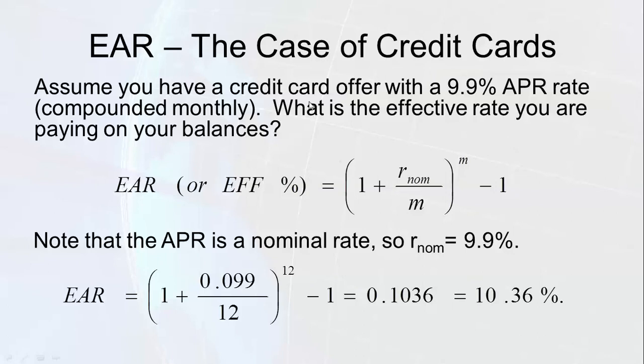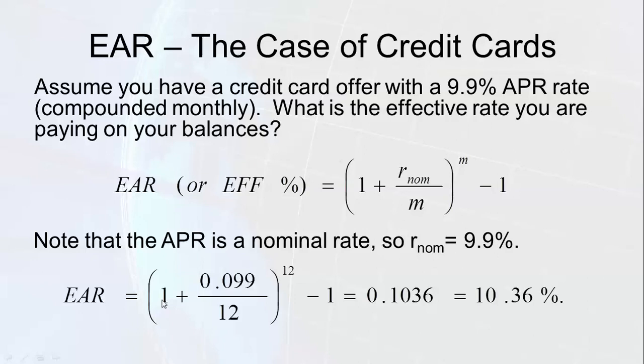Assume that your credit card company offers you 9.9% APR. You're going to pay monthly. Even though the problem does not say monthly compounding, you know that you're going to pay monthly, so that means it's monthly compounding. What is the rate you are paying on your credit card balance?